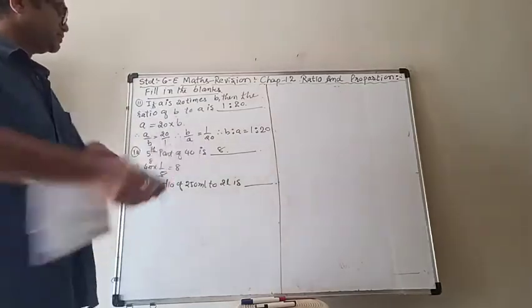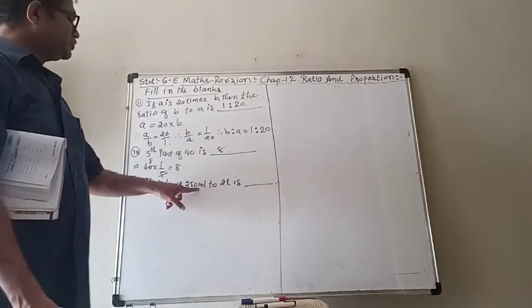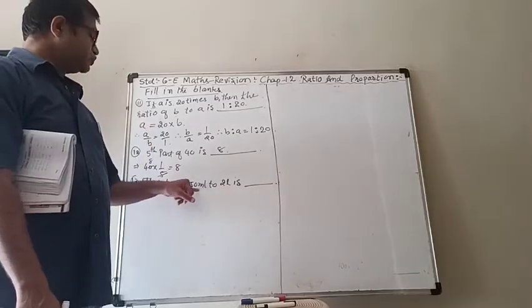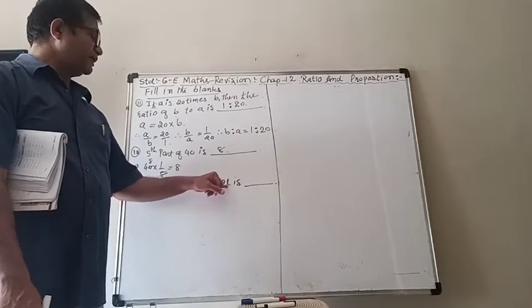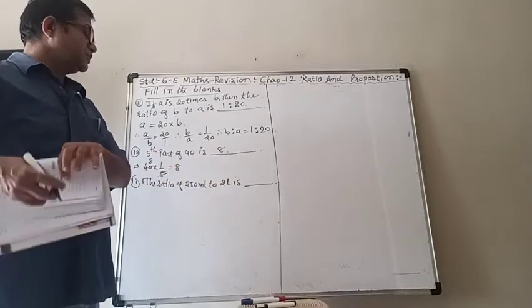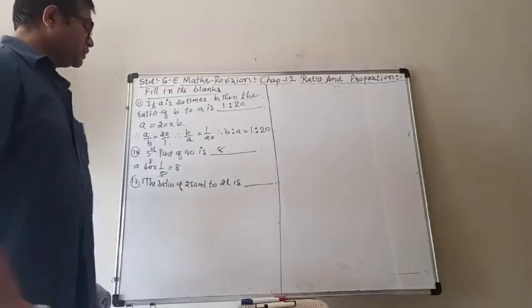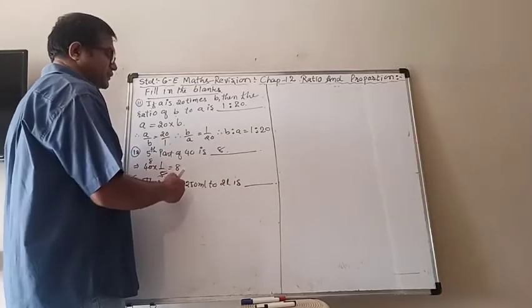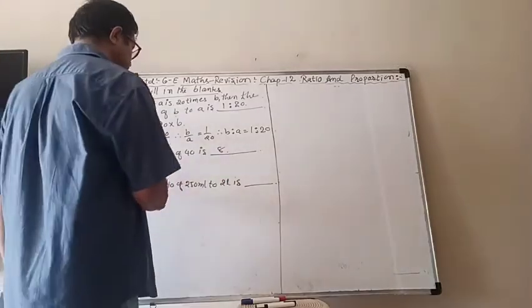Here you can see that if you do 250 is to 2, then it will be wrong, because here 250 is in milliliter while 2 is in liter. So one is milliliter, the other is liter. So liter must be converted first into milliliter, right?